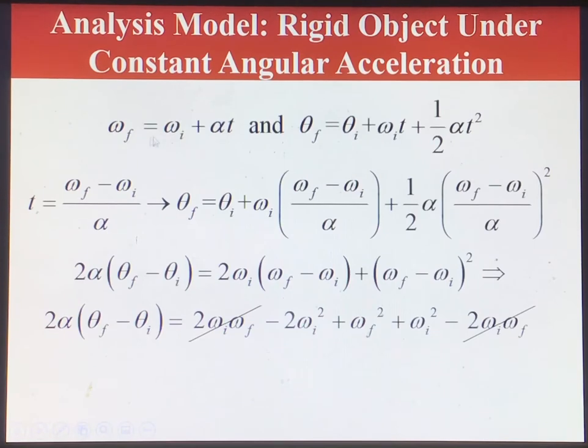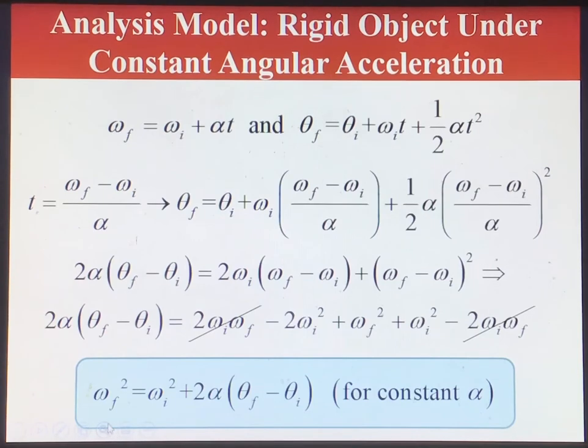Sometimes we can combine these two equations, and by doing a little bit of algebra, we can derive this third equation: omega final squared equals omega initial squared plus 2 alpha times theta final minus theta initial. This equation works when alpha is constant.